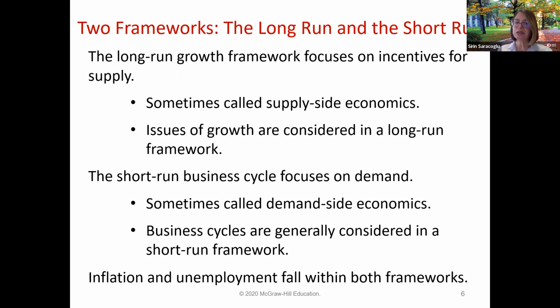On the other hand, the business cycle or the short-run framework focuses on the determinants of aggregate demand.